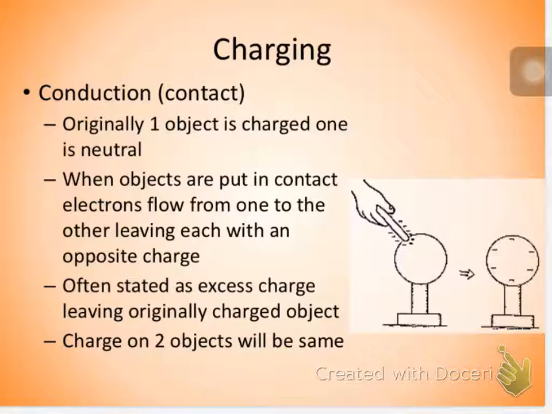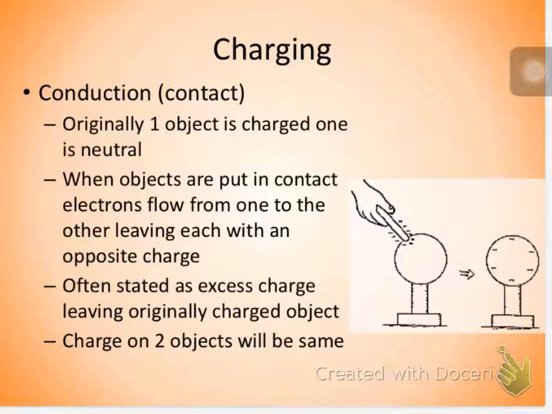Conduction charging is where you have a neutral object and you put it in contact with another object that has excess electrons. The electrons flow onto the neutral object. Okay. So you could have charged your rods via conduction.